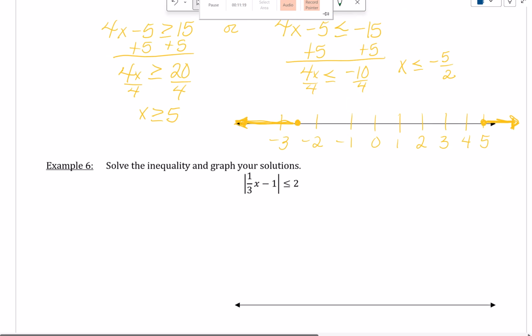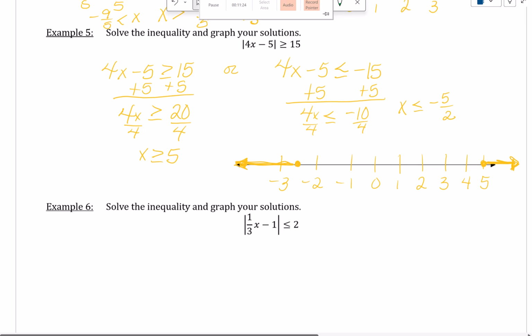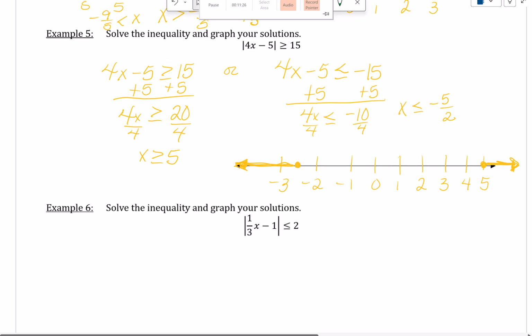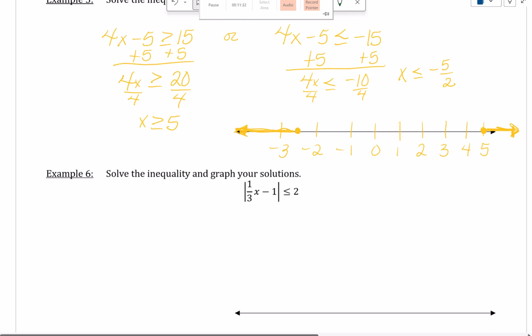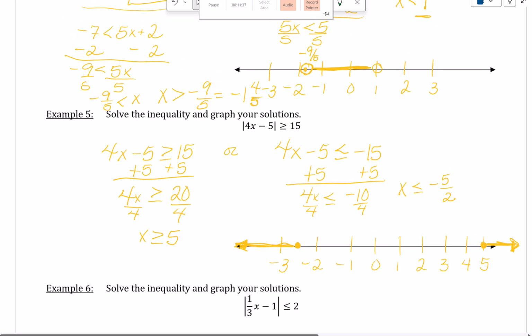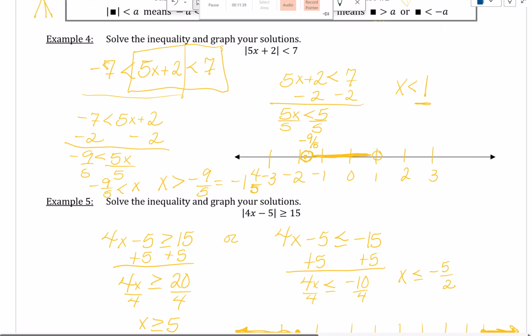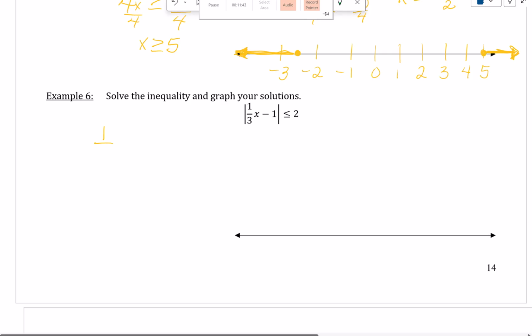All right, I would graph this or solve this and see what you get. I would pause the video and try it, and then I'm going to solve it for you. So looking at this one, it's less than. So my two cases would be, it's going to be an and.